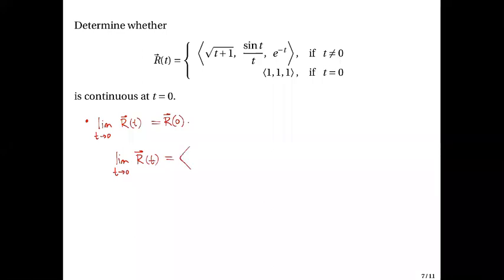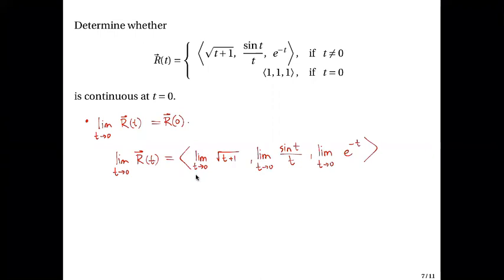So this is just equal to the vector whose components are the limit of square root of t plus 1 as t goes to 0, comma, we have the limit of sine t over t as t goes to 0, and then you have the limit of e to the minus t as t goes to 0, and then we close this. Okay?